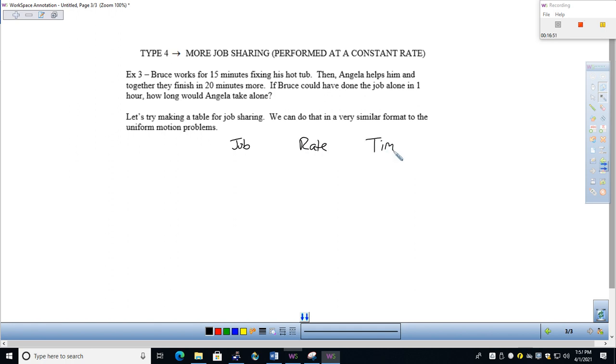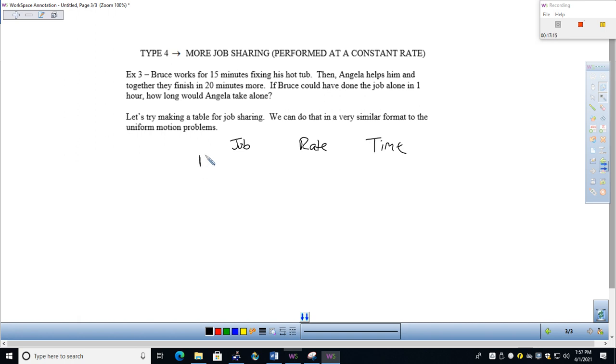Now you could do J, R, and T if you really want to, but as I'm presenting this, I just want to make sure we're clear what each represents. So job, rate, and time. And job is going to be equivalent to the idea of distance, if you can kind of think about that. All right? So we've got the job, rate, and time. Now we've got a couple things going on there.